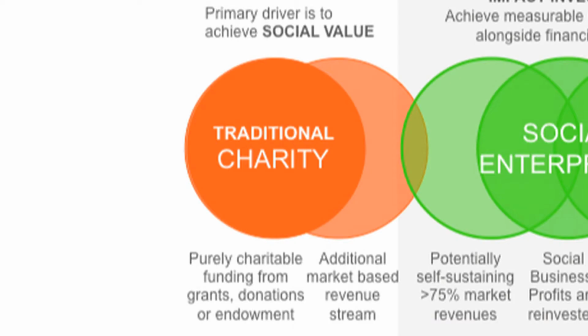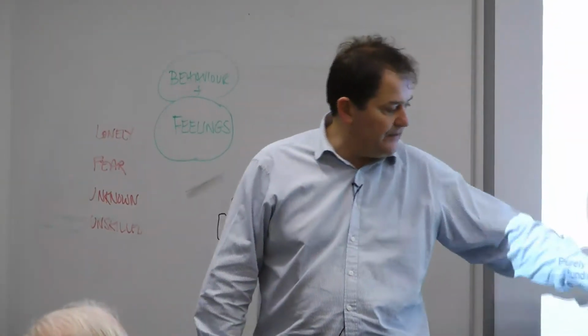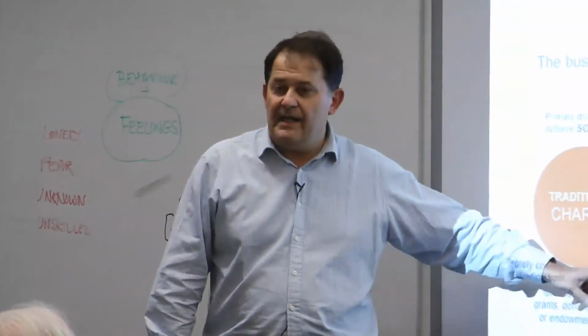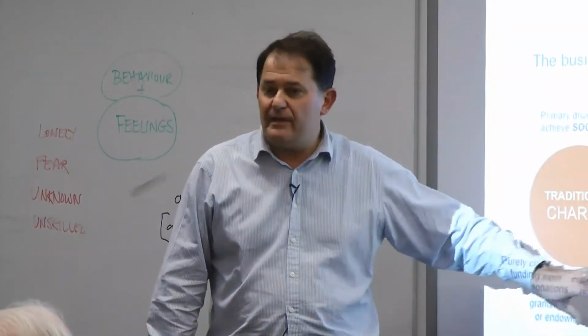So here you've got the pure charity, okay? Traditionally, all the funding comes from grants, donations, endowments, government funding, 100%. Then you've got some charities like Oxfam that are increasingly saying we need some other revenue streams.